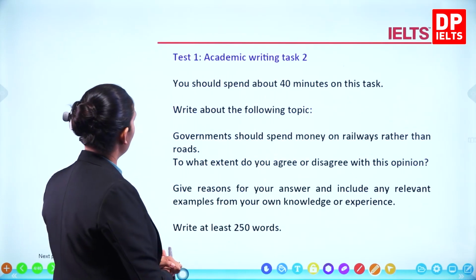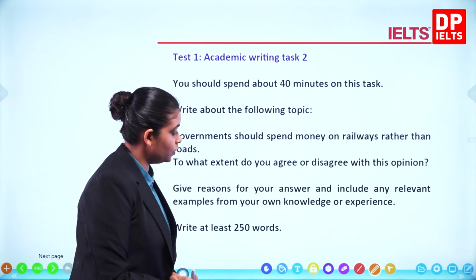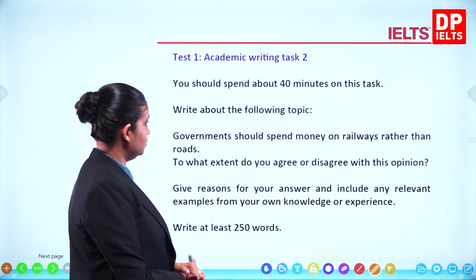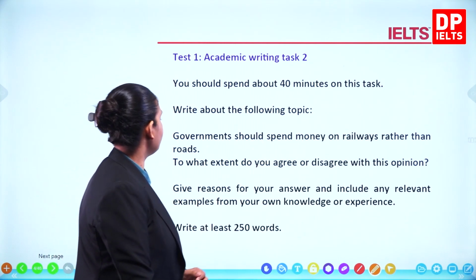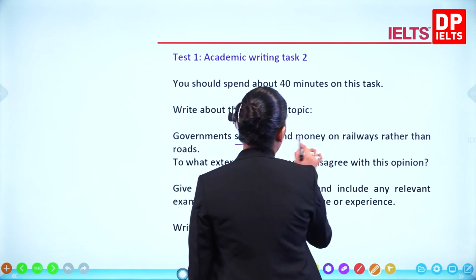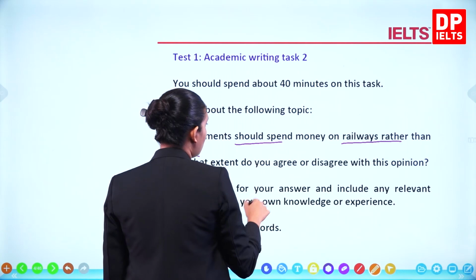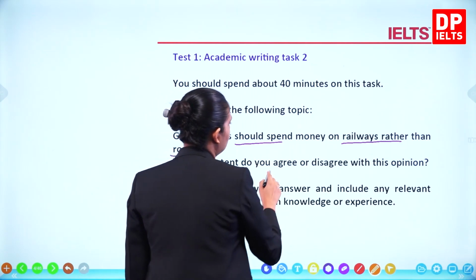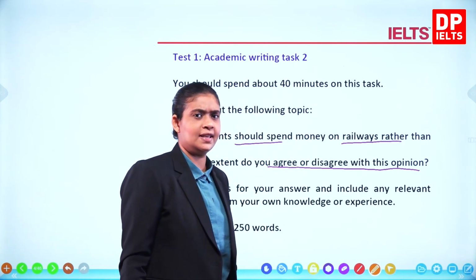Right. So moving on, we have academic writing task 2, which is a 40 minutes question. Let's have a look at it. Governments should spend more money on railways rather than roads. To what extent do you agree or disagree with this opinion? So what style of essay is this?